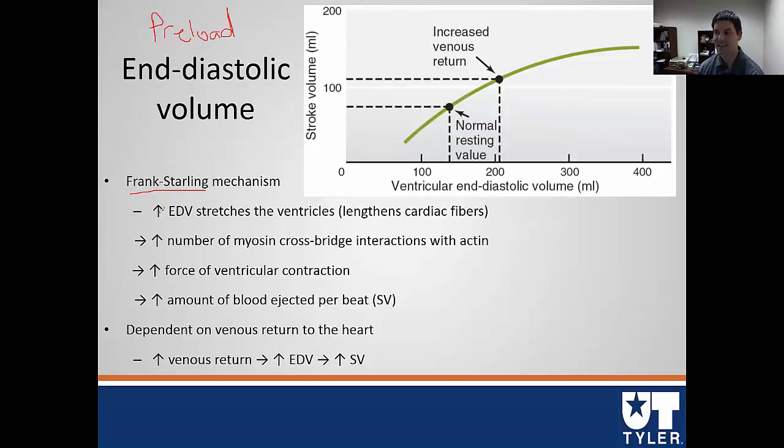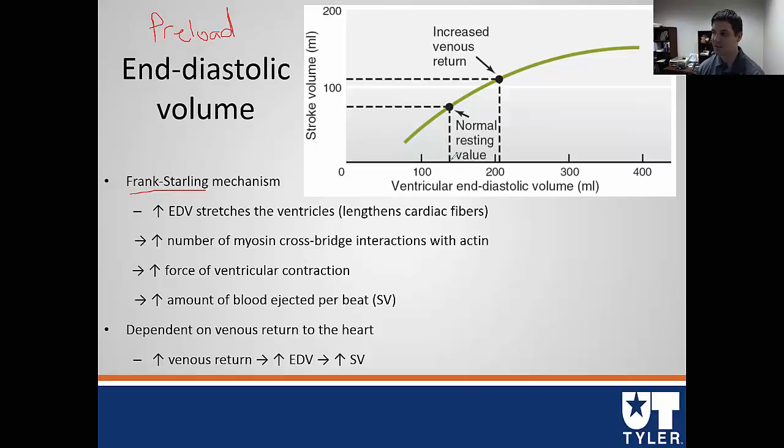And then again, the idea is that increased blood volume at the end of diastole stretches the fibers in the muscle, therefore it increases the number of myosin cross-bridge interactions, therefore having a very high force of ventricular contraction, and then last but not least will increase the amount of blood ejected per beat.